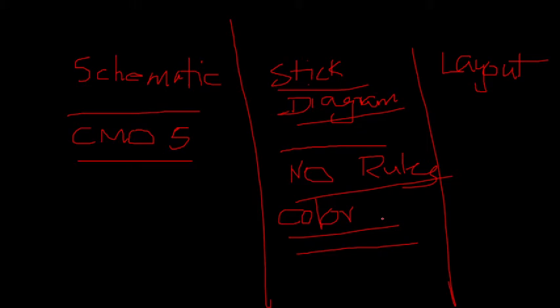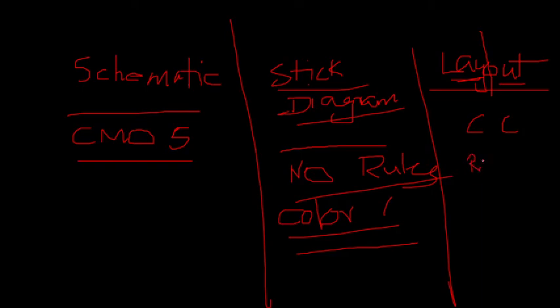But as far as layout is considered, layout can be divided into two words: you are laying out your design on the chip. When the design is laid out on the chip, it is known as layout. So layout will have the color coding, and also the rules will be there.